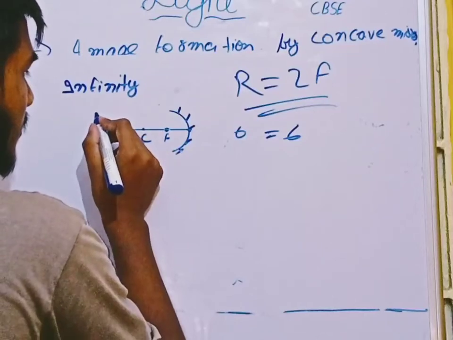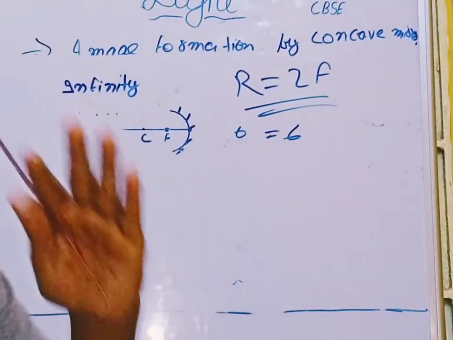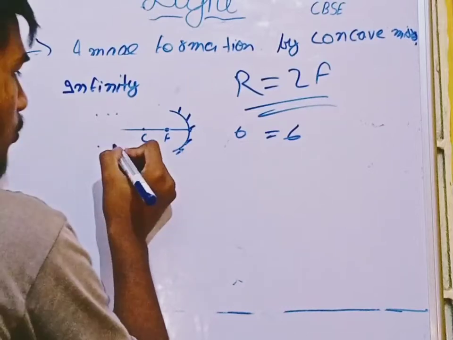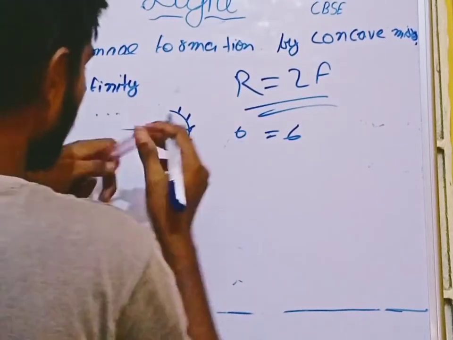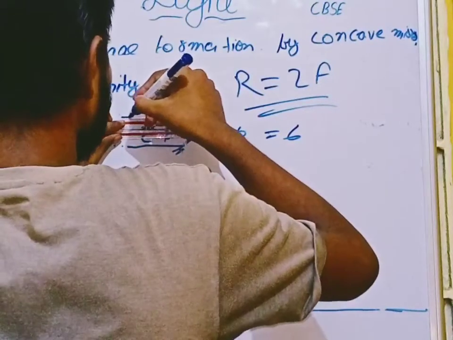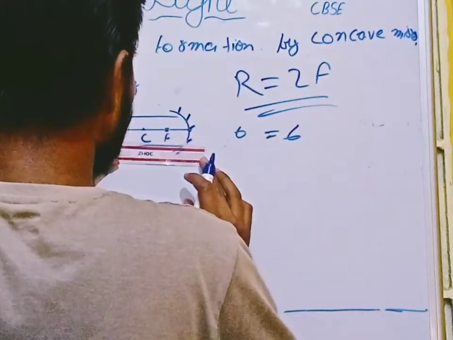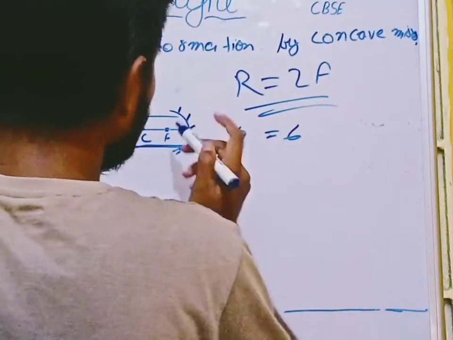Then the first position is at infinity, which means we do not know from where the ray of light is coming. Draw like this. Do not do like me, this is a board, that's why I am doing it. You have to draw it by pencil, a neat and clean diagram.